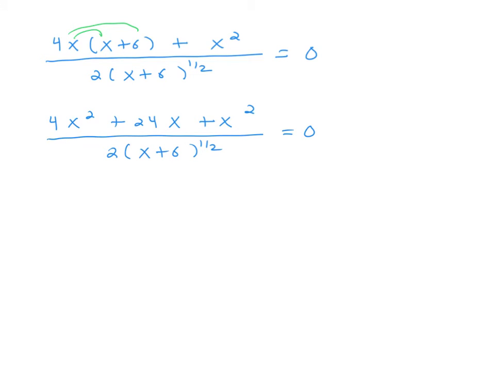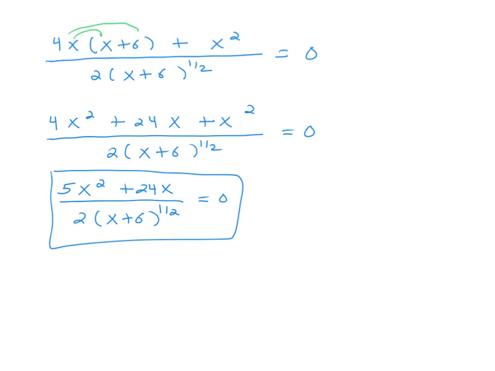And here we have a couple of x squared terms that can be combined. We have 1 and 4, so that means 5x squared plus 24x all over 2 times x plus 6 to the 1/2 is 0. We want to solve this equation.